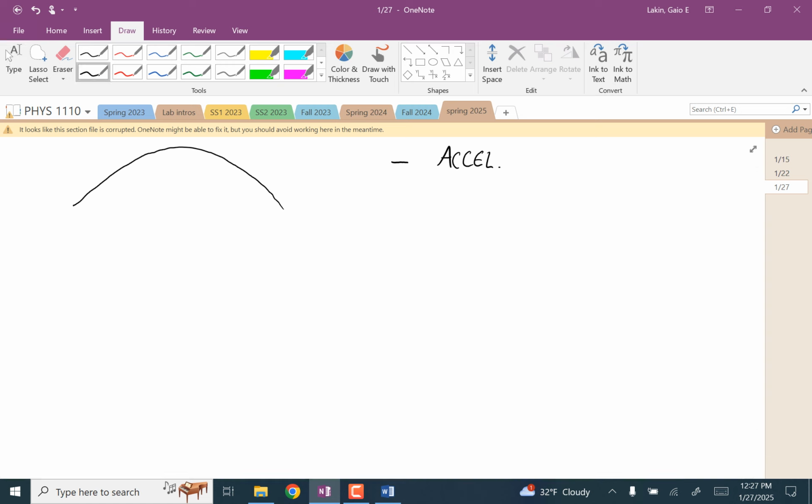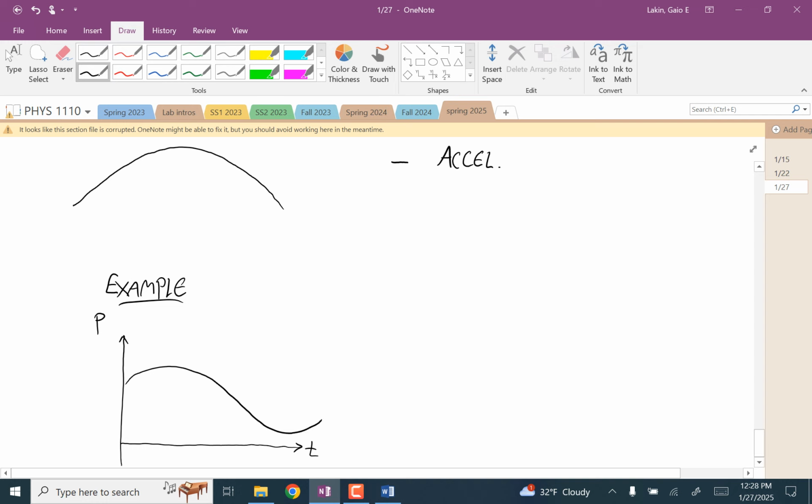Okay, so let's do an example. So I'm going to draw just a random position versus time graph. So let's say that represents the motion.